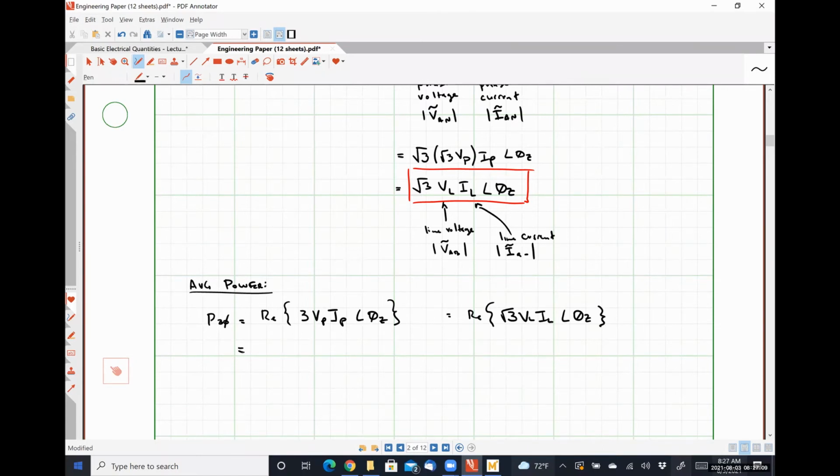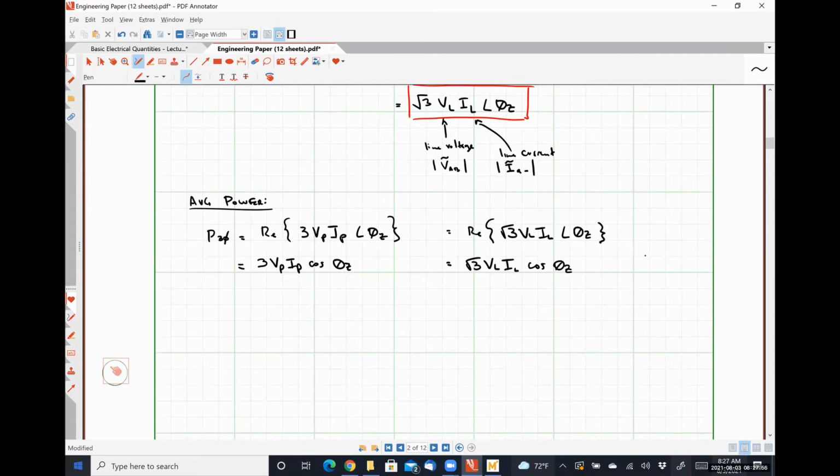So what should the real part of this guy be? Without the angle, that's just the magnitude. So that's not the average power, that's the apparent power, which will... cosine, exactly right. So 3 VP IP cosine theta Z, or root 3 VL IL cosine theta Z. So the real part is the cosine, the imaginary part is then the sine.